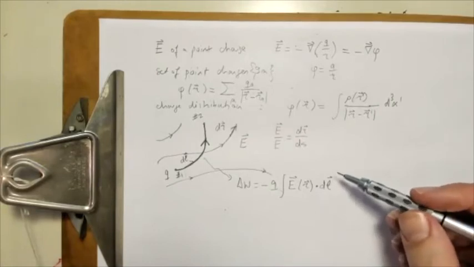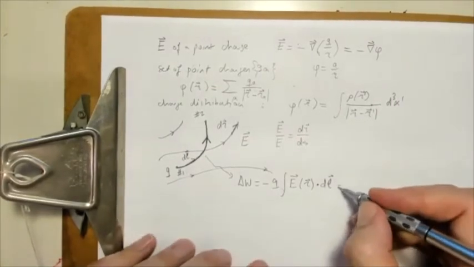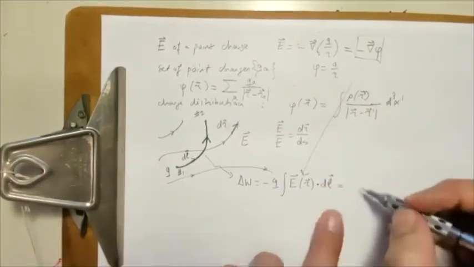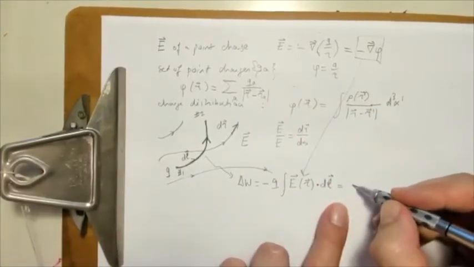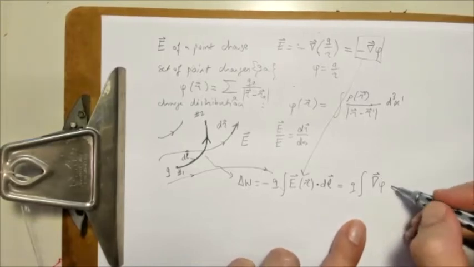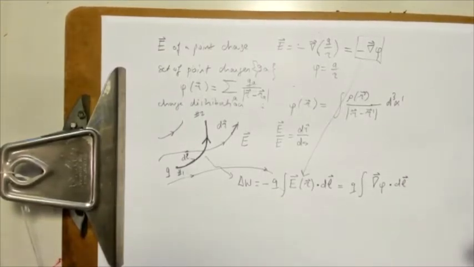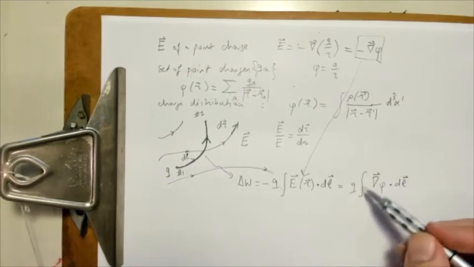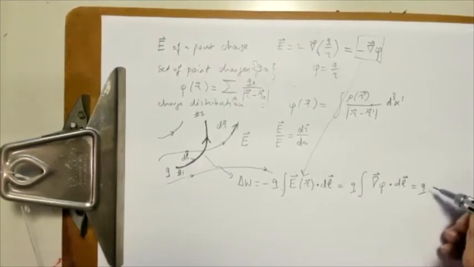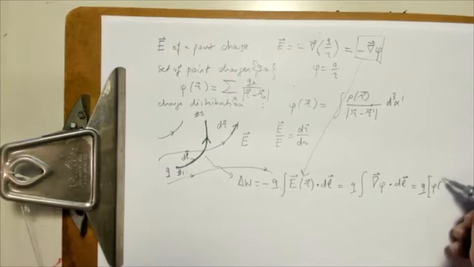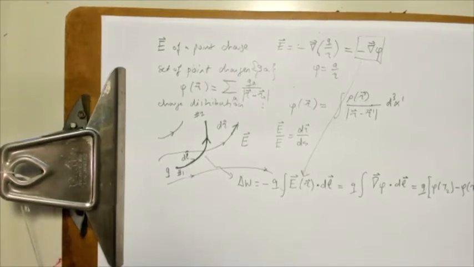Okay. Now, with the definition of our electric field as the gradient of our scalar potential, we can just plug this in, and we get Q times the gradient of phi integrated over that length L. And by definition, this integral is Q times the difference in the scalar potential at the end position minus the scalar potential at the starting position.